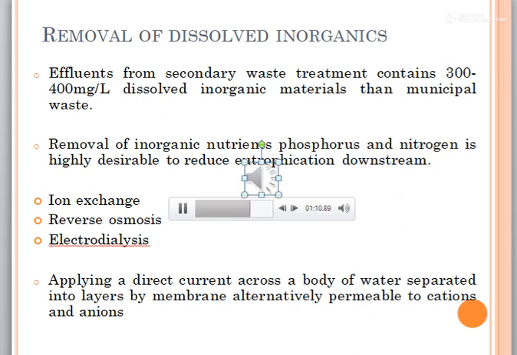However, ion exchange and membrane processes are the most cost-effective means of removing inorganic material from wastewater. Electrodialysis is also common. Electrodialysis means applying a direct current across a body of water separated into layers by membranes alternately permeable to cations and anions. These three processes, ion exchange, reverse osmosis and electrodialysis, have already been discussed in previous slides.